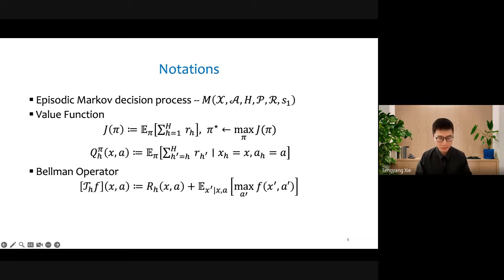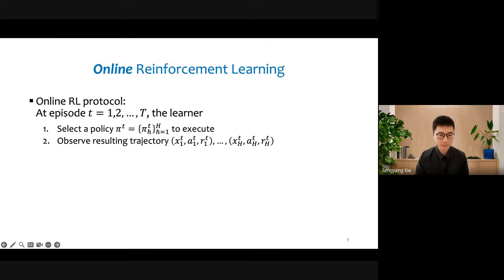Another important notation is the Bellman operator, where T_h f is the Bellman backup of some value function f, computed as reward plus the expected value at the next time step. Over this talk, I assume reward is normalized, but it should be easy to generalize that.